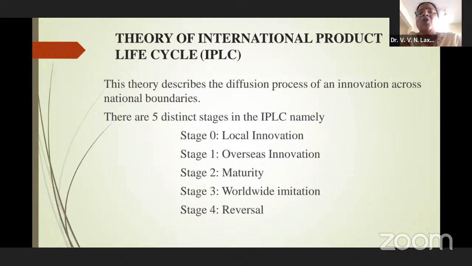That is, we have the product being developed, so it comes as the extended zero stage, you can call it. Then there is the introduction of the product, the growth stage, the maturity stage, the decline stage, and finally the product is extinct from the market.